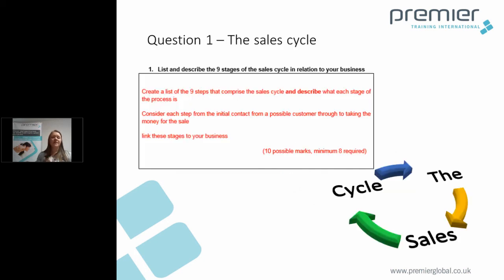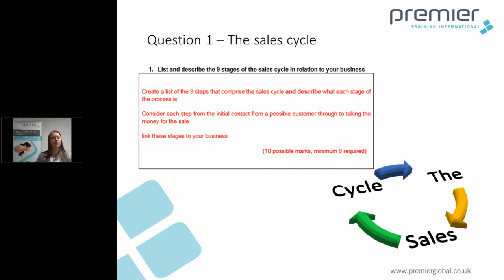The first one is question number 1, which is: list and describe the 9 stages of the sales cycle in relation to your business. Now, page 5 in your sales manual contains the 9 stages of the sales cycle. So the first thing that you need to do is list and then explain each of those 9 stages. Please make sure you do explain or describe.